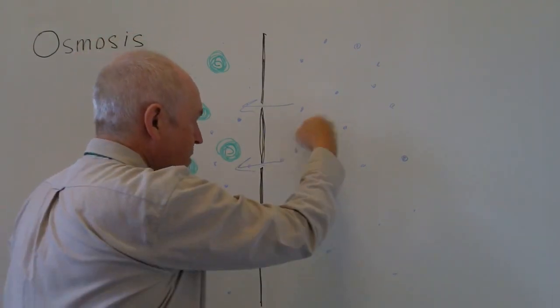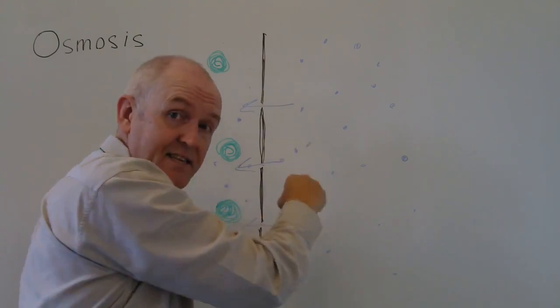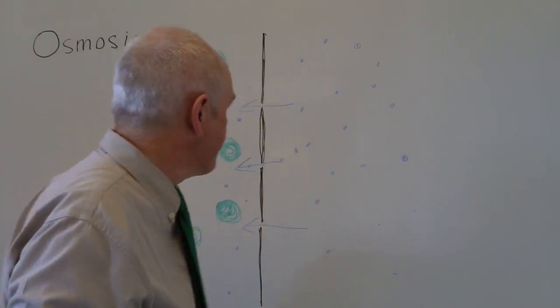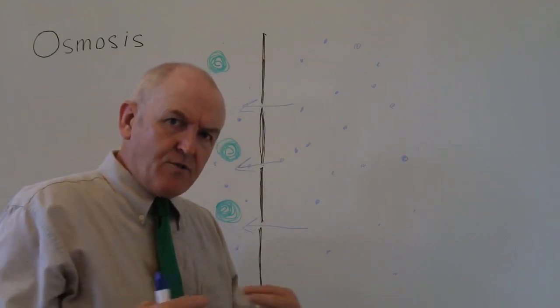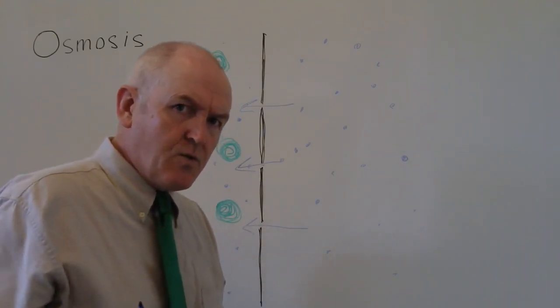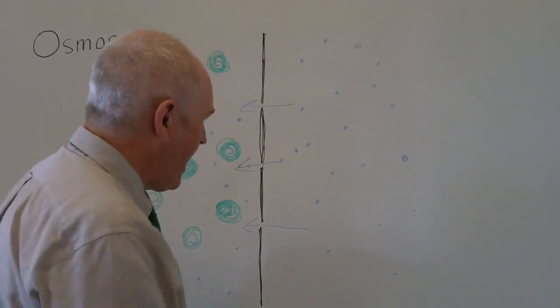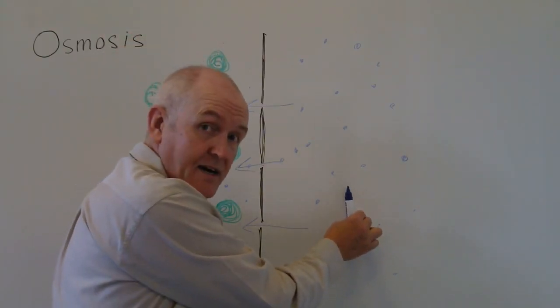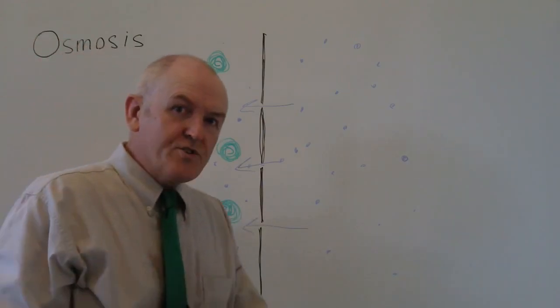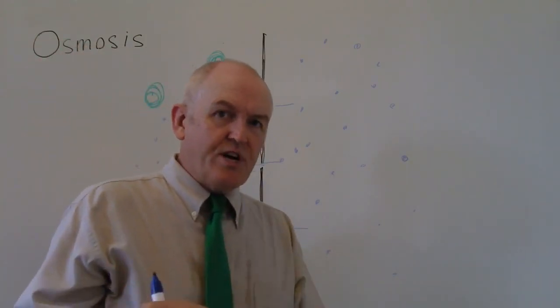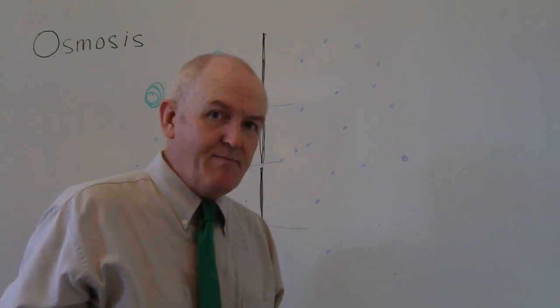And we know that these water molecules are vibrating because of kinetic theory, so they're going to be moving. And diffusion says that substances should even out until their concentrations are equal. And we have a higher concentration of water here than we have here. So the water wants to diffuse until its concentrations are equal on both sides of the membrane.